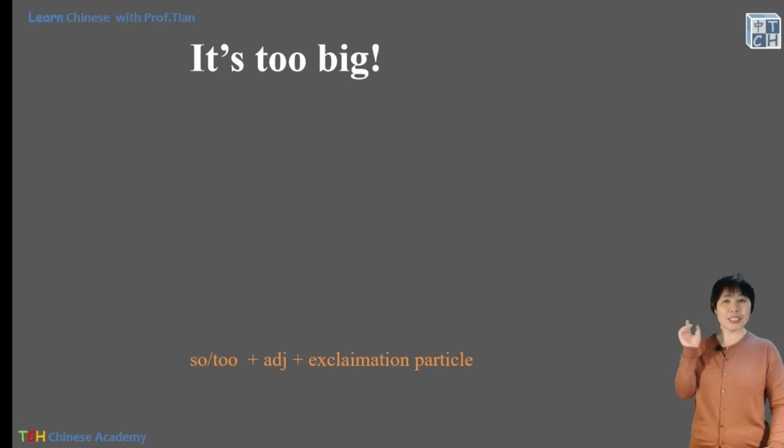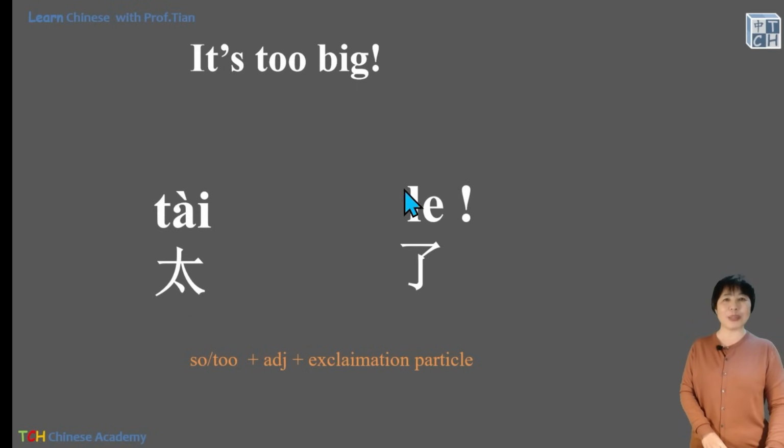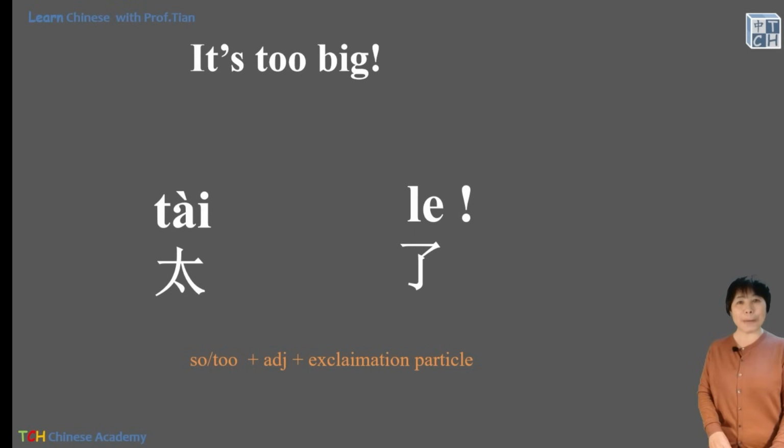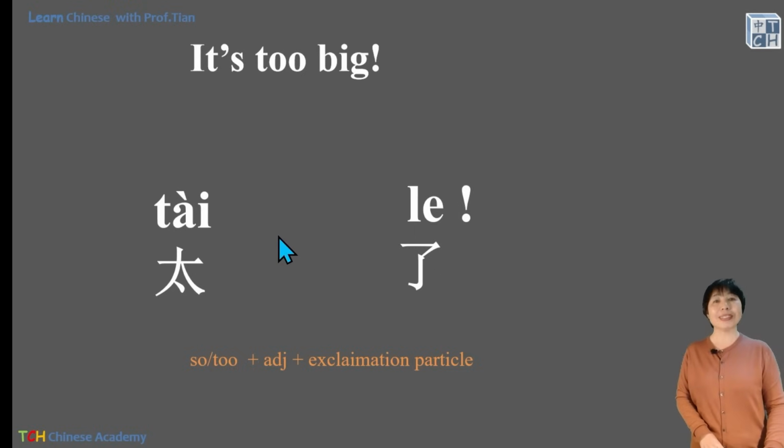It's just the "so" or "too" plus an adjective. So we use 太, and then it ends with the exclamation particle 了. And we're just filling in the adjective. Big is 大. So 太大了.